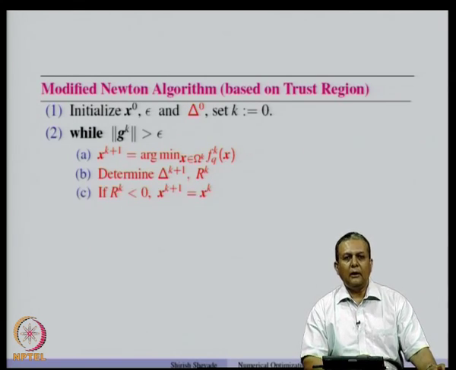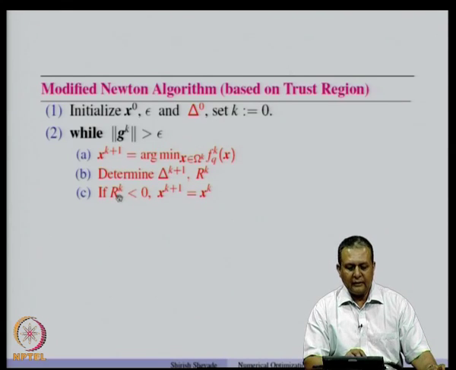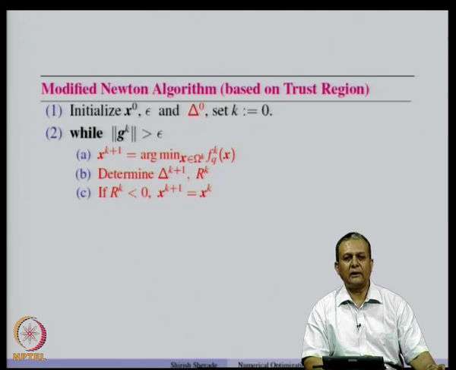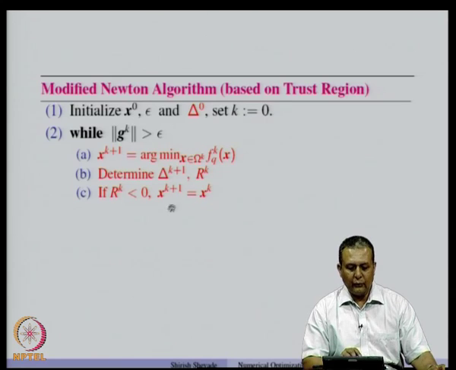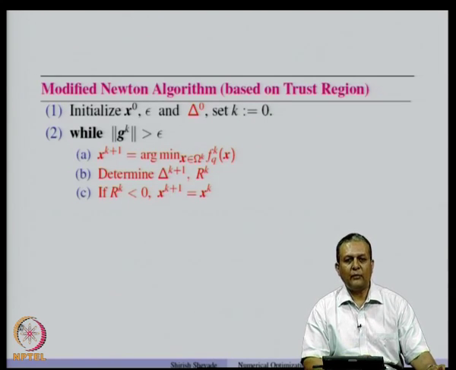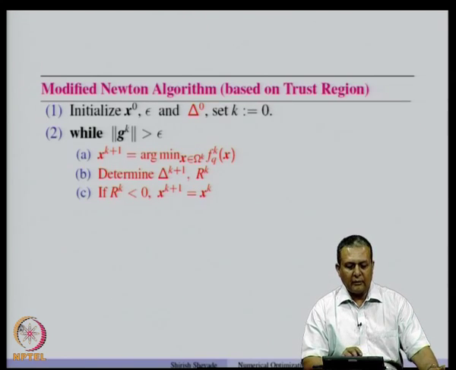Now, if we realize that the r k is less than 0, that means actually there is an increase in the function value from x k to x k plus 1. Then what we do is that x k plus 1 is set equal to x k. So, that means that the new point is same as the current point. So, we do not move to the new point.